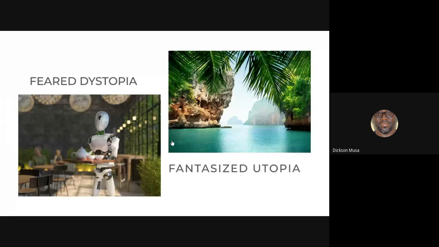Other people think AI is the utopia where they no longer need to move a finger. AI does everything for them, even up to thinking for them. So we must look at AI in between these two extremes. It is not the feared dystopia, and it is not the fantasized utopia. This should be our approach to looking at artificial intelligence tools.